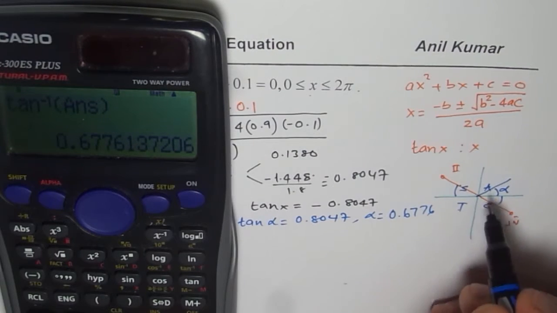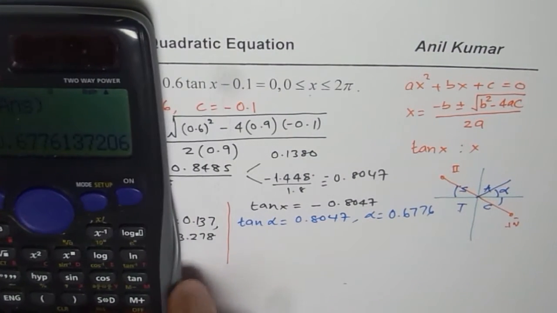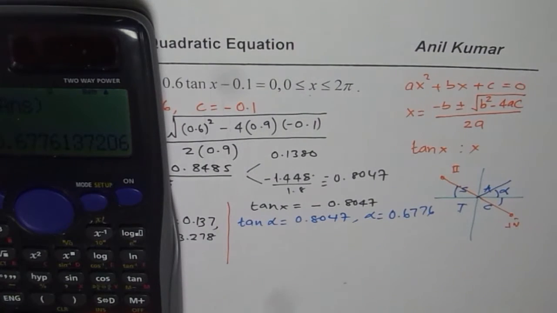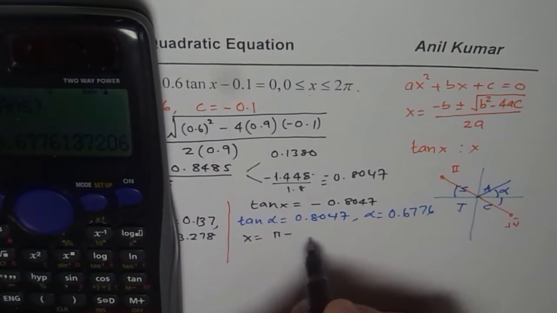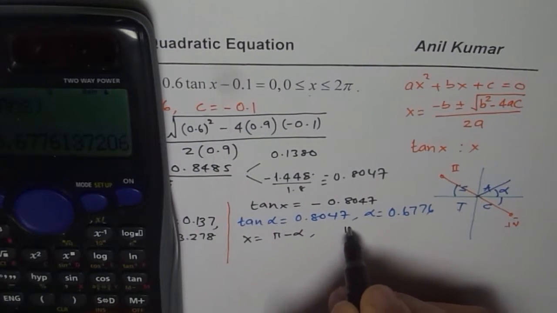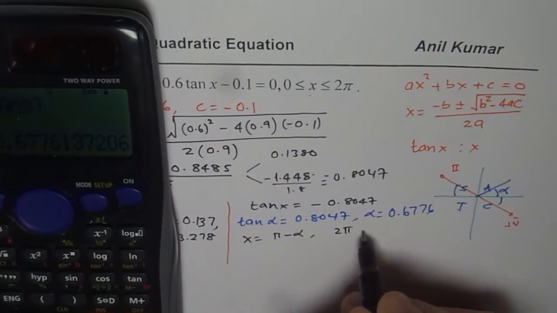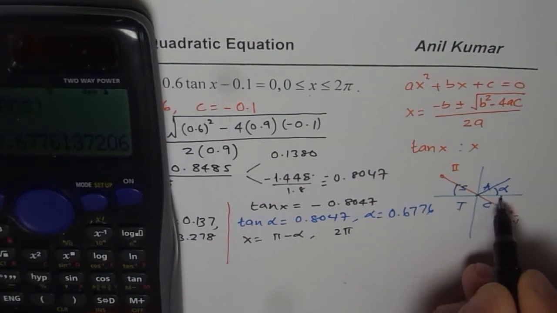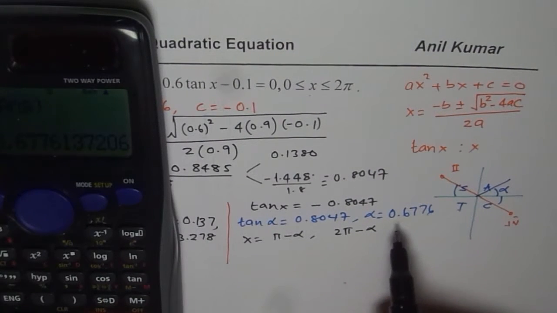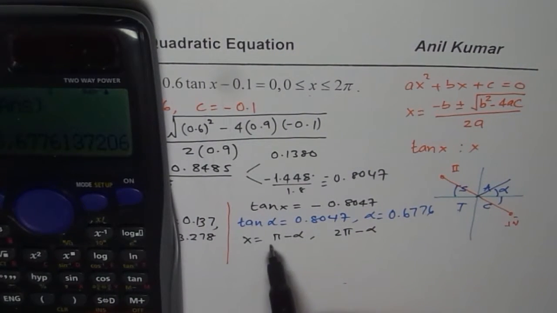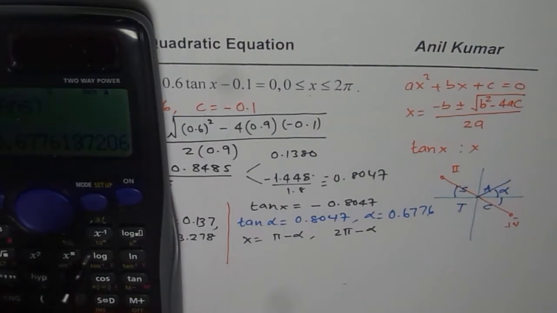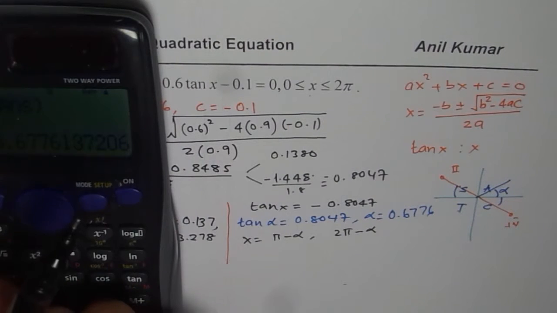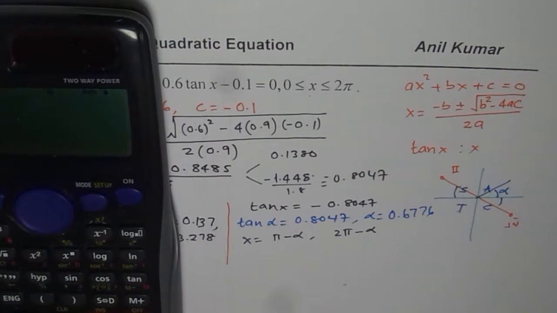Okay. Now once I get my alpha, what are the values for x? In that case, x will be equal to pi minus alpha, or it could be 2 pi minus alpha, right? So we'll take away this value from pi to get the solutions. So pi, you can use 3.14 as pi, or the accurate value of pi, minus the answer.